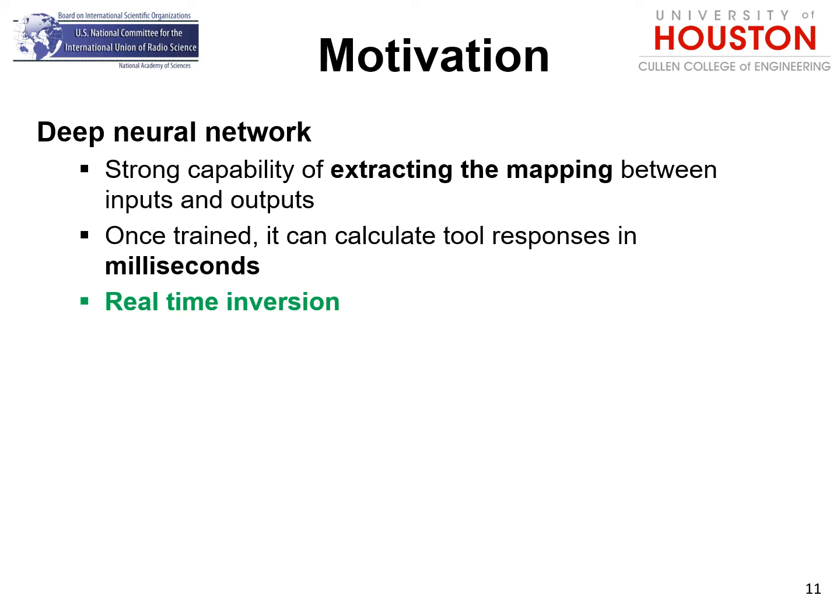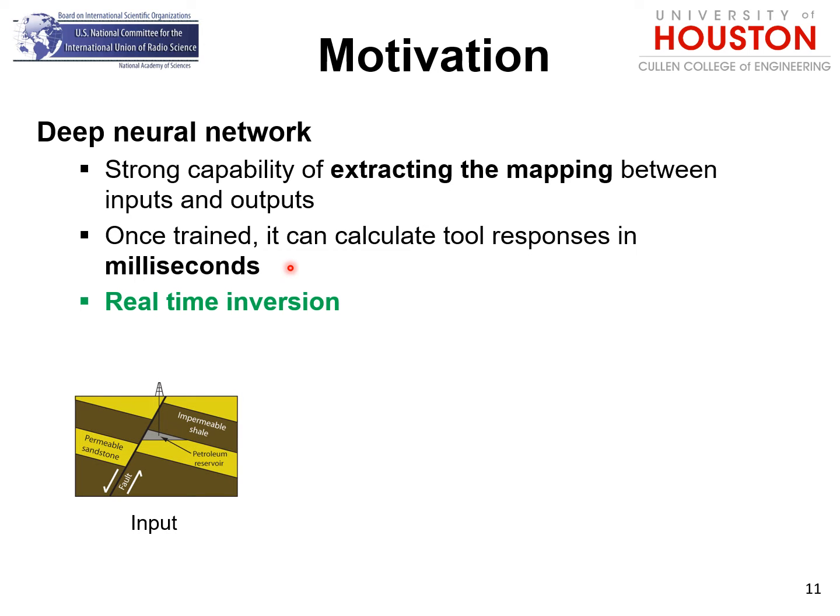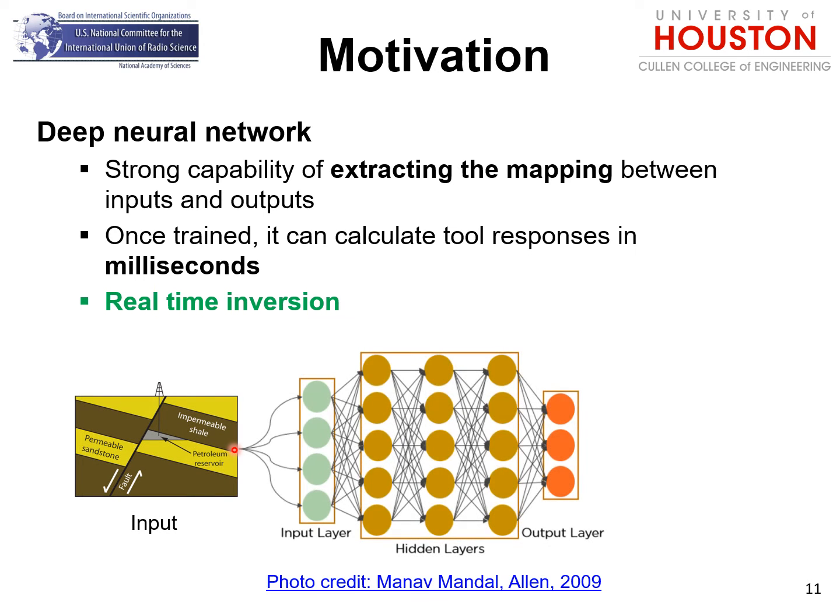The deep neural network is known for its strong capability of extracting the mapping between input and output. So once the neural network is trained, it can calculate the tool response in milliseconds, and so it can achieve real-time inversion. For example, when you have the input, and then we train the neural network, and then we can get the output. This is the tool response.